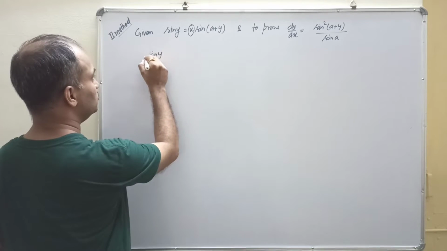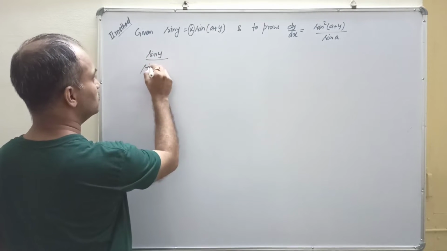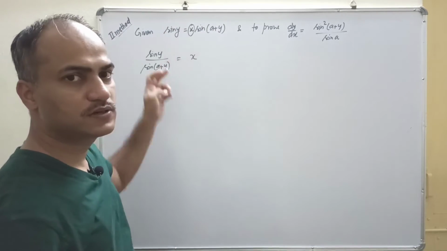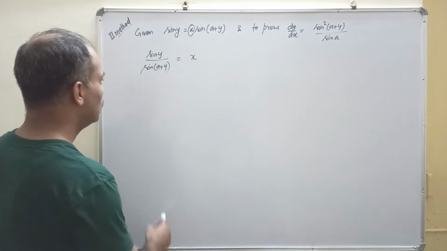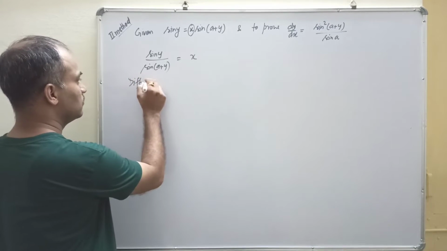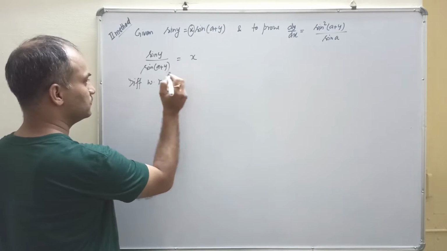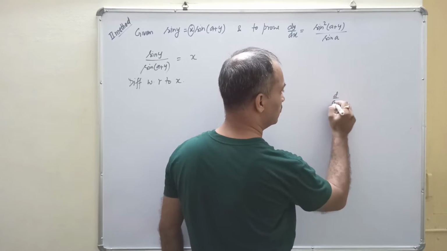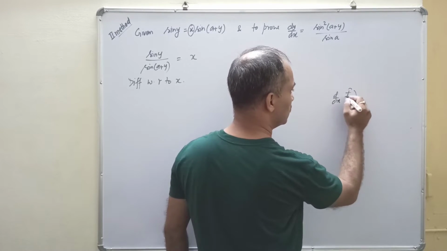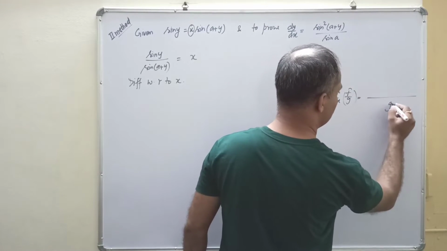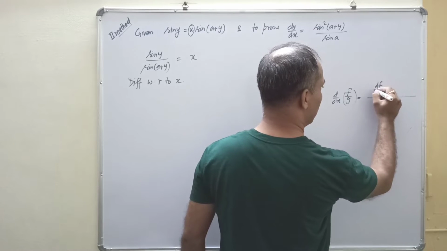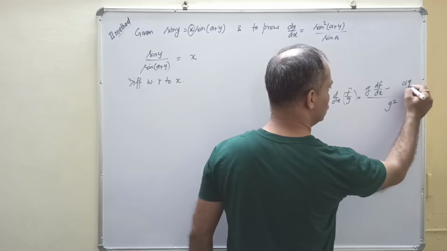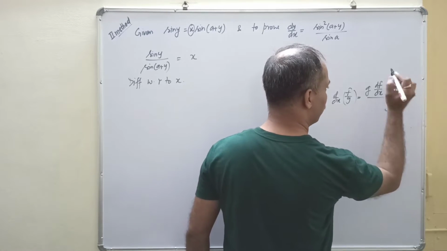Sin y upon sin(a plus y) is x. We have shifted this term towards left. Now we are differentiating with respect to x. The formula is differentiation of f upon g is equal to, upon g square, differentiation of f into g minus differentiation of g into f.